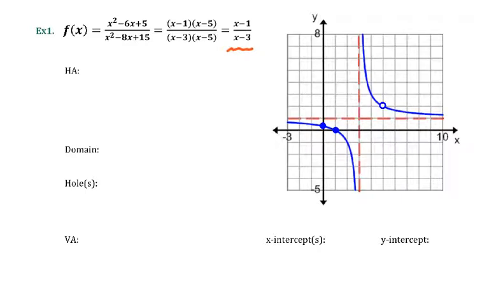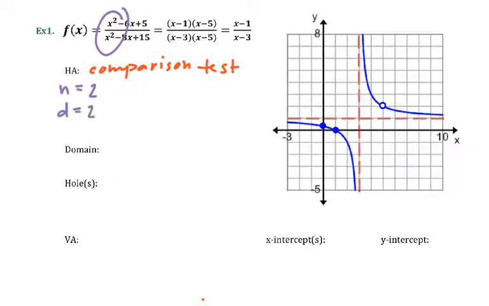So we have a couple of rules for talking about horizontal asymptotes. A horizontal asymptote is determined by what we call the comparison test. Basically, we're going to look at the degree of the numerator and also the degree of the denominator. In this case, n is 2 and d is 2.